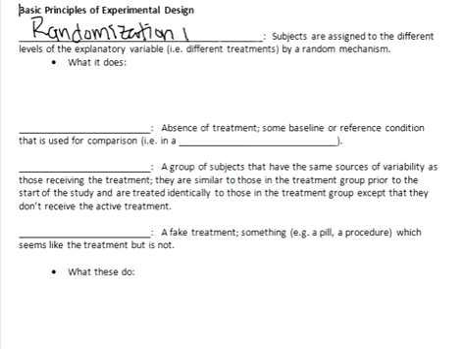Or a randomization method. We will discuss a few ways to do randomization of our subjects. The reason for doing this is because we want the groups to be approximately the same in all regards, except for perhaps the explanatory variable.